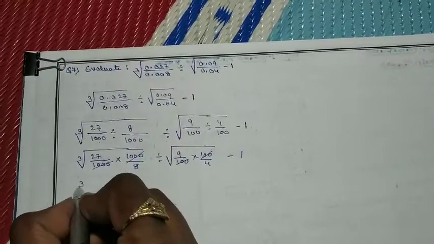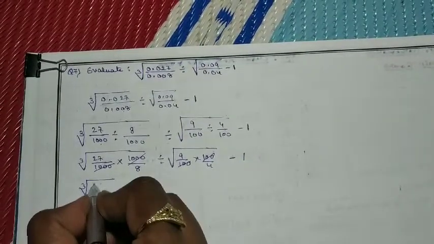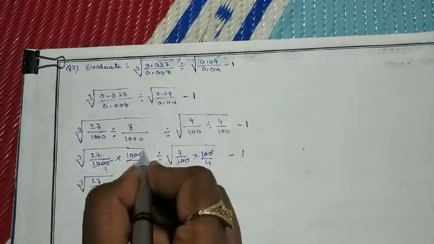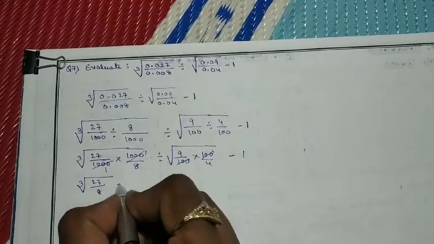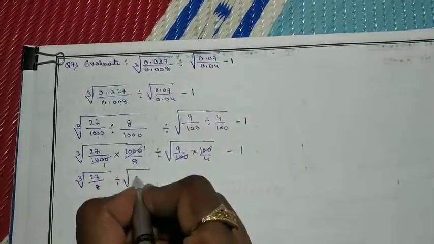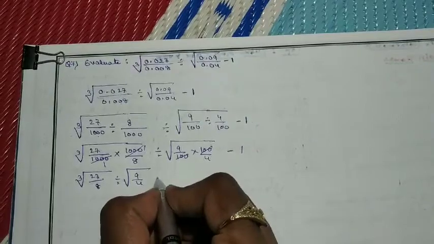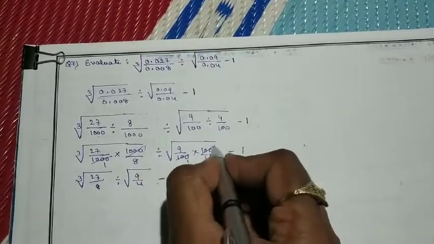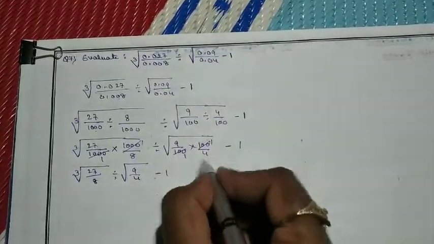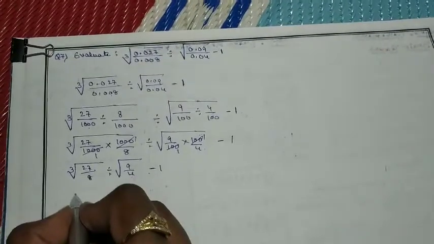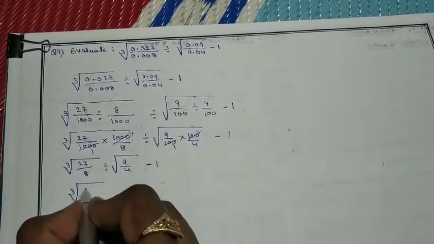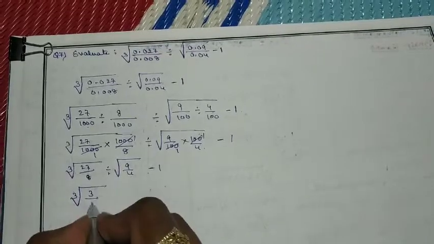Then next cube root of 27 by 1 into 8 is 8. Then divide square root of 9 divided by 4, minus 1, because we know that 9 1s is 9, 1 4s is 4. And we know that 27 is a perfect cube of 3 and 8 is a perfect cube of 2.